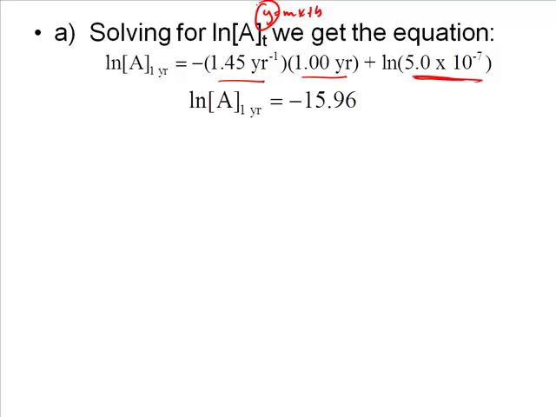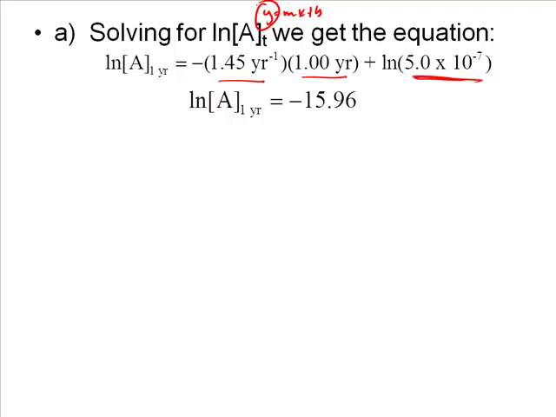So when we solve for the natural log of A at 1 year, we've got negative K times T plus the natural log of the initial concentration of A. The way this equation is written, it's in the y equals mx plus b format, where we were solving for y.